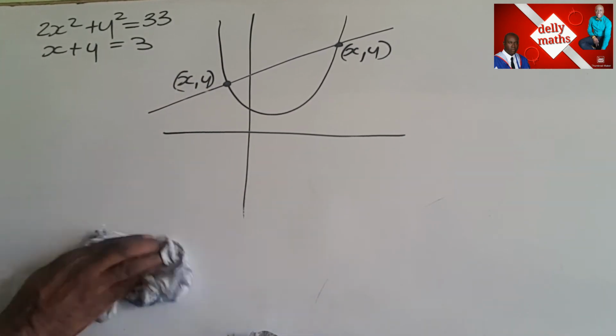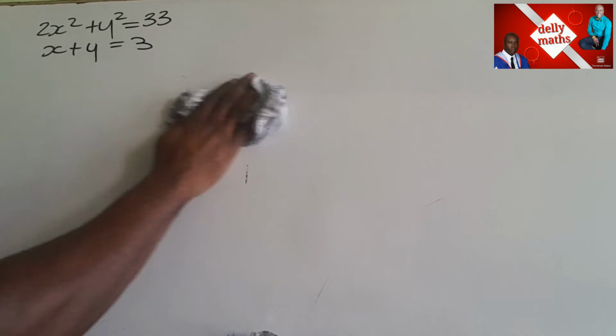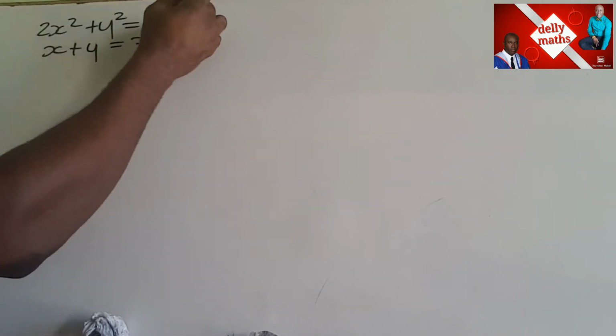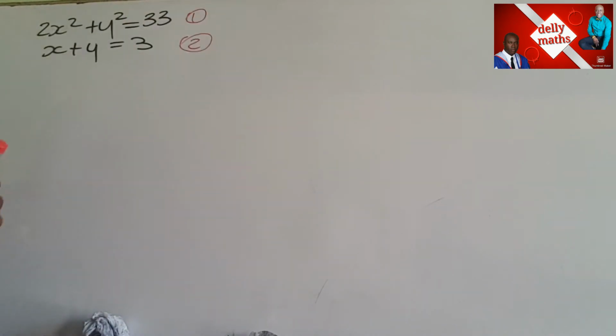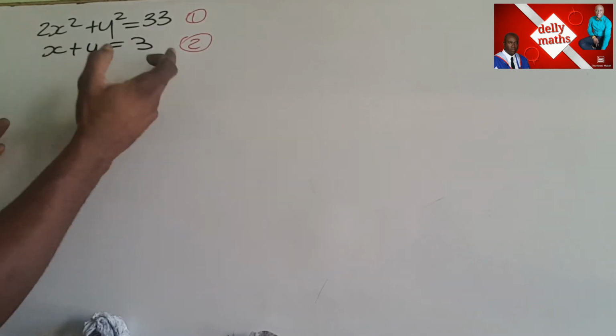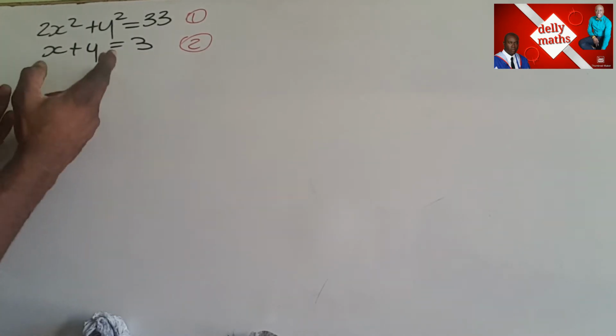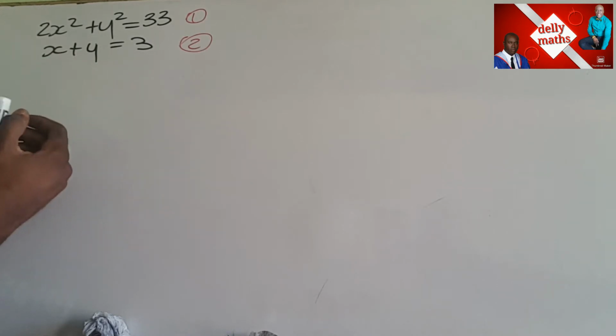How do we do this? Well, right now we have equation 1 and equation 2, right? So what we could do is create a third equation. I could let y equal to some things, or I could let x equal to some things, any one of them. I'm going to let y equal to some things now.